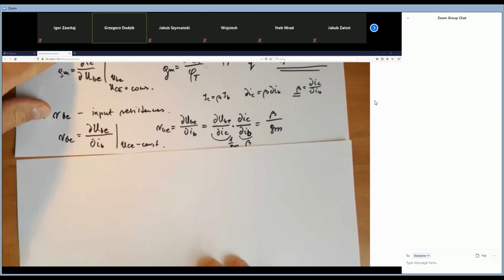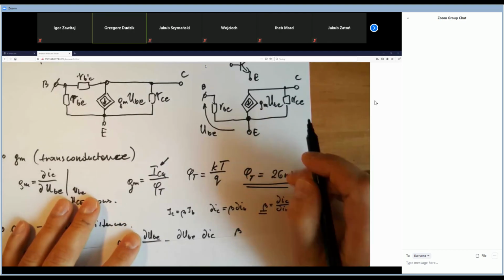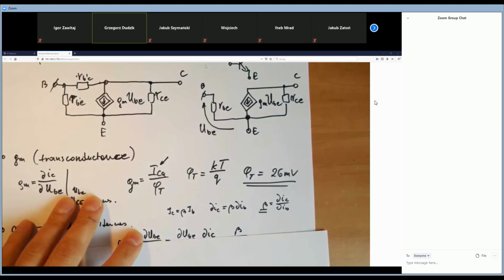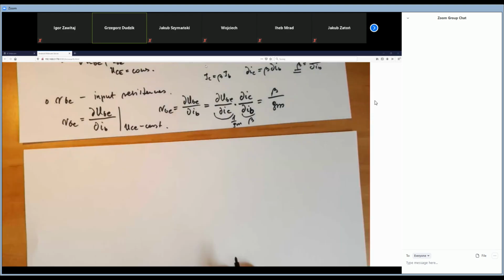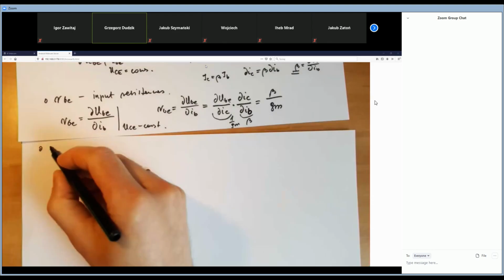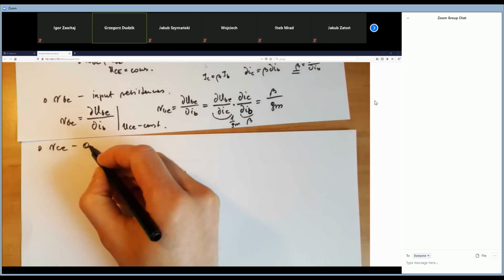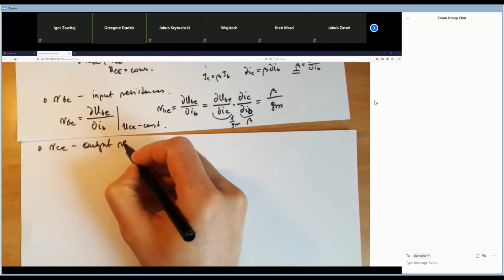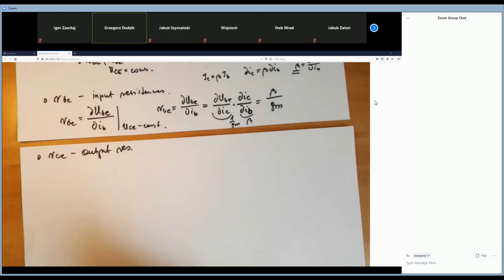What we've got in the model is the RCE, the output resistance.